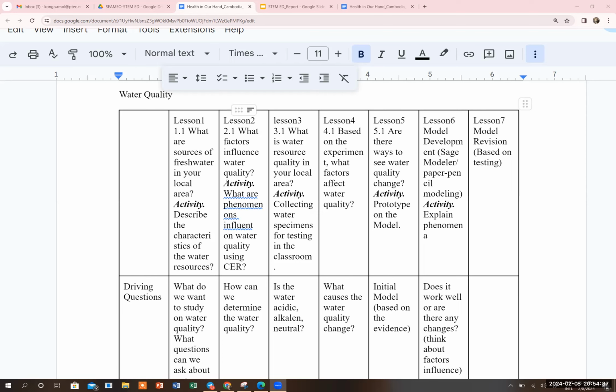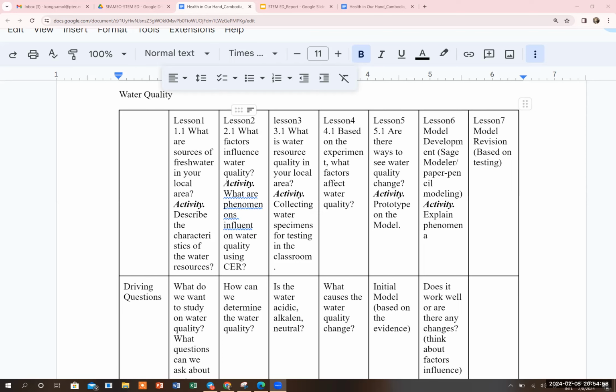So we are going to have short videos which show collecting water specimens for doing in the class, and let the students observe and explain by using scientific techniques or methods.